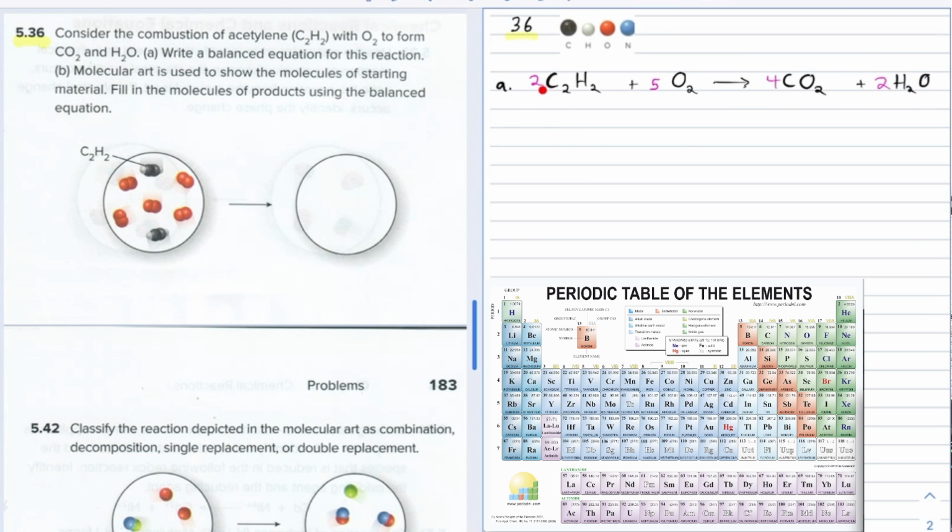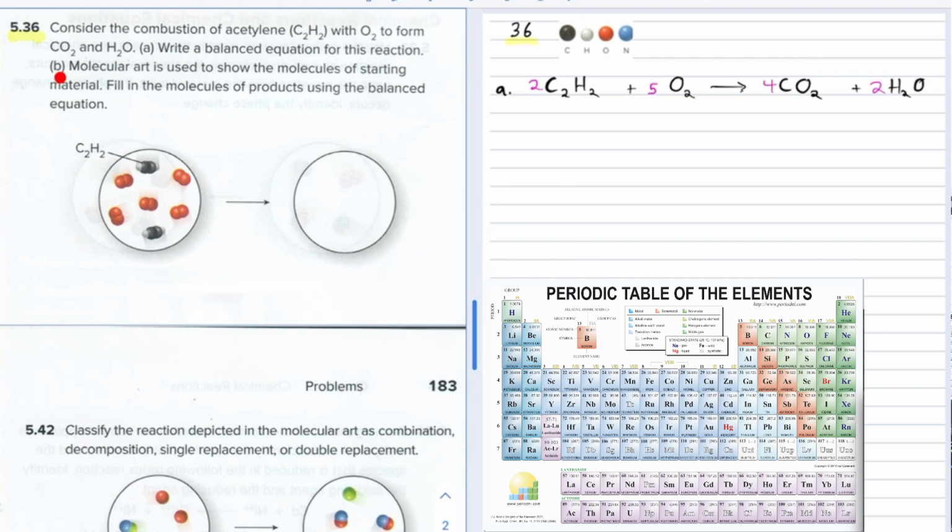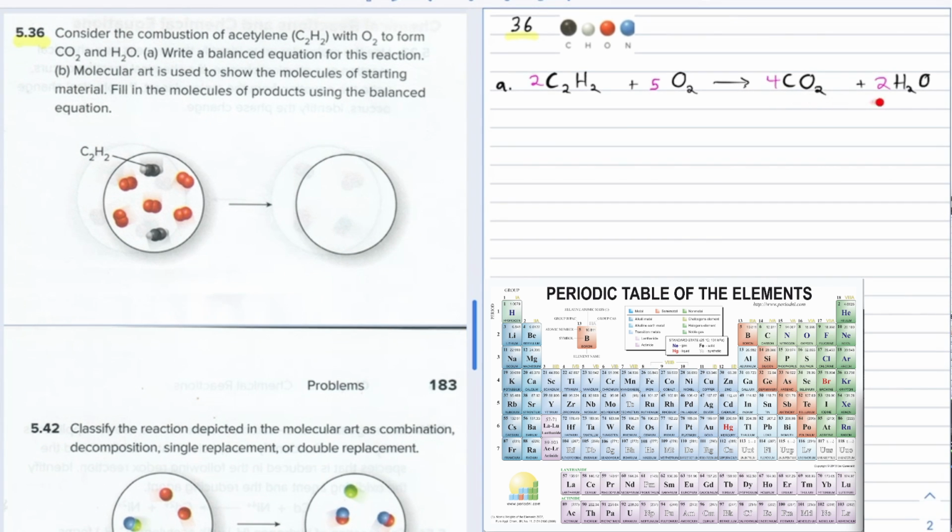So you can check it. So suppose you want to check carbon. 2 times 2 is 4 carbons on the left, and 4 times 1 is 4 carbons on the right. So the carbons balance, the rest of them also balance. Now, the part B to this question, molecular art, we need to draw the molecules on the right. So what does a CO2 molecule look like? And what about an H2O?